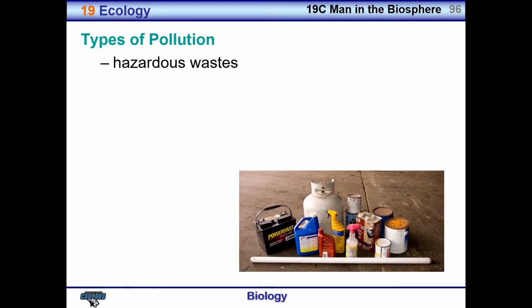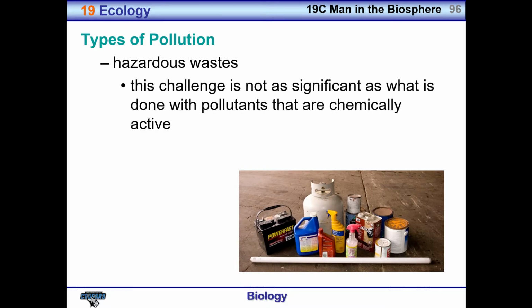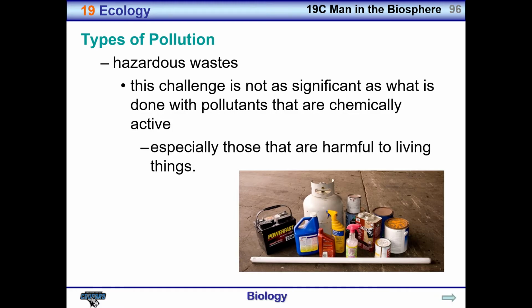Another type of pollution is hazardous waste, and this challenge is not as significant as what the pollutants are when the pollutants are chemically active. So these examples here, like the lead inside of batteries, chemicals that we use for cleaning, and paint products and things like that, by themselves are only a problem if they're not disposed of properly.